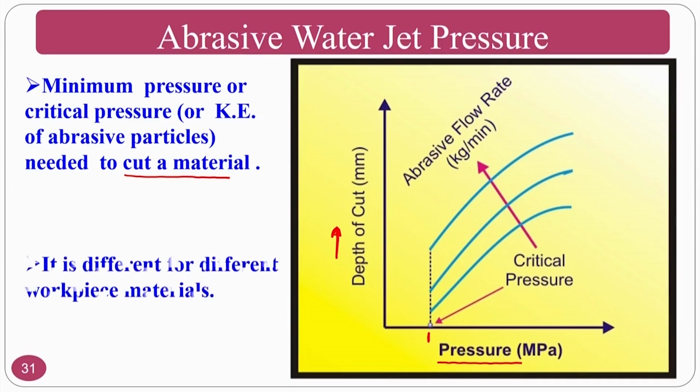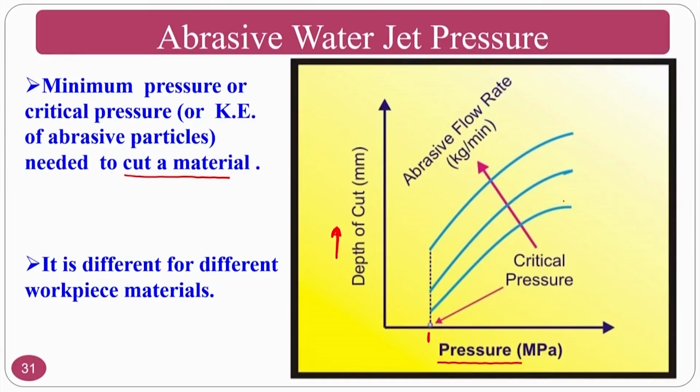If you increase the abrasive flow rate, that means more and more abrasives are there, so more and more cutting edges will come into the picture, and the material removal takes place. In the first case, observe any one curve: as your abrasive water jet pressure increases, the kinetic energy of the abrasive particle will be more, that is why all the curves increase.